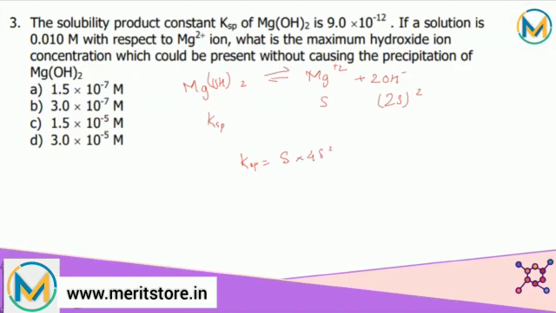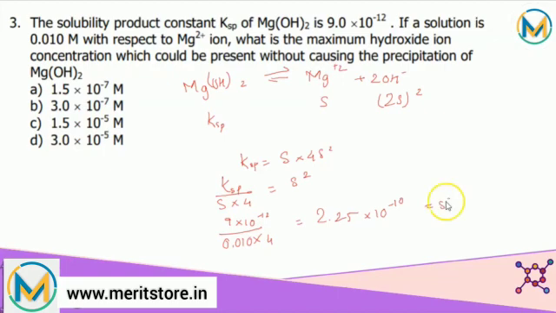Therefore Ksp upon S into 4 is equal to S square, which can be substituted. Ksp value is 9 into 10 raised to minus 12, the whole upon S, that is the concentration given, 0.010 molar, into 4. It gives you S square, that is 2.25 into 10 raised to minus 10.